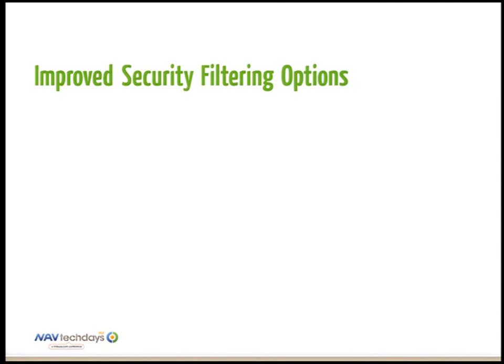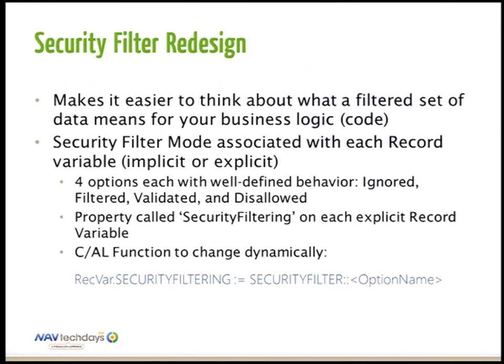So, if you ever tried working with an installation where security filters or record level security has been used, you know that this can be really hard. It's not a simple thing to get right. And we try to address some of it in this version of NAV.